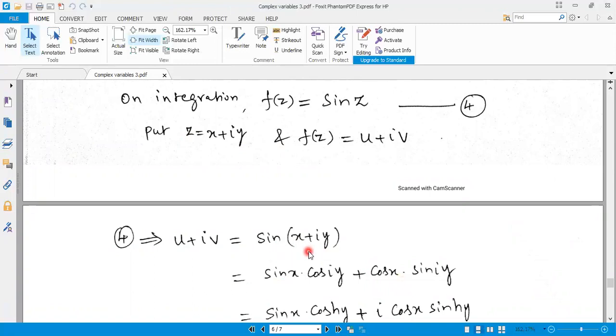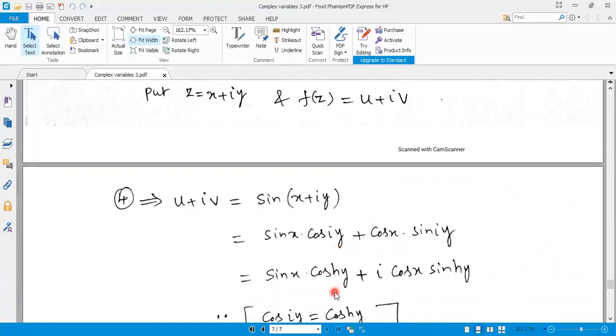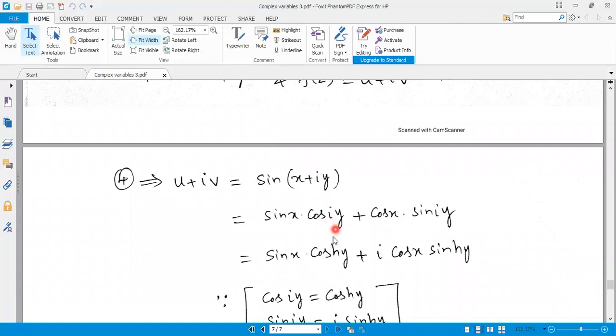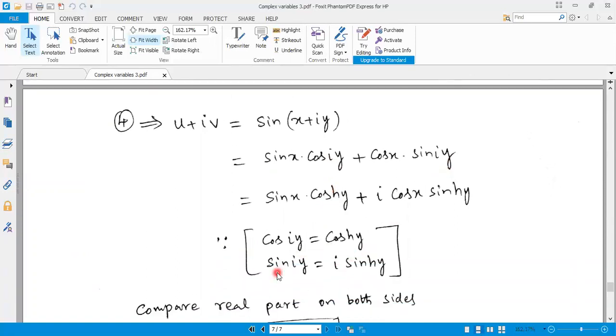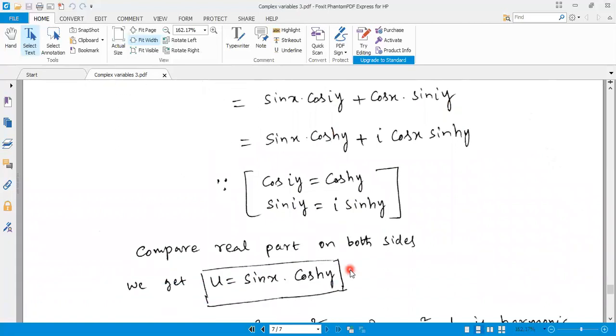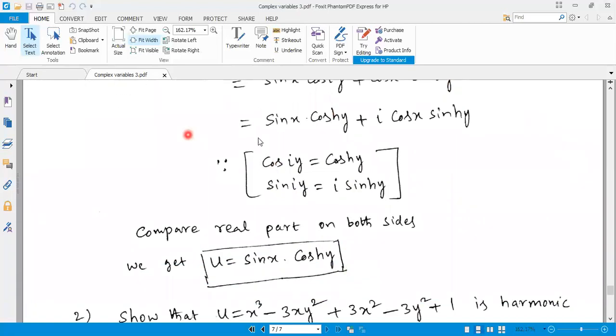Cos iy can be written as cos hyperbolic y, and sin iy you can write as i sin hyperbolic y. So I will express both the terms in terms of hyperbolic functions using this result. Now, when you compare real and imaginary parts on both sides, we get u equals sin x cos hy. So this is the harmonic conjugate of v.